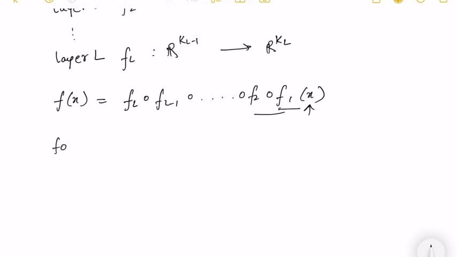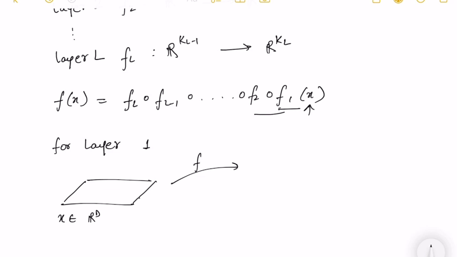So for layer 1, what is happening is that the data is going from this d-dimensional Euclidean space, which x belongs to, through this function f to a manifold which we don't know about, but it's embedded in k1 dimensions, right? So what if we want to comment about this being a submersion or an immersion?